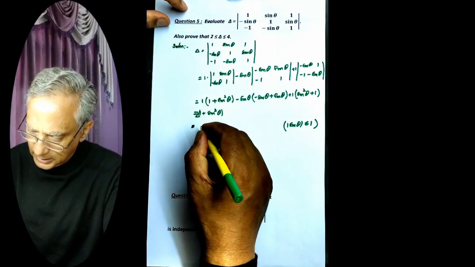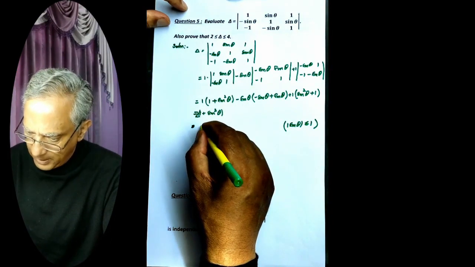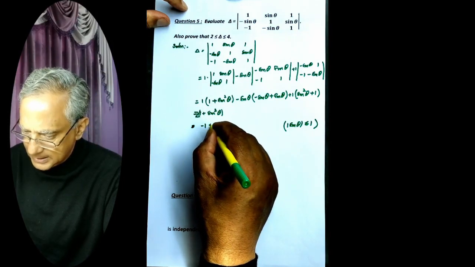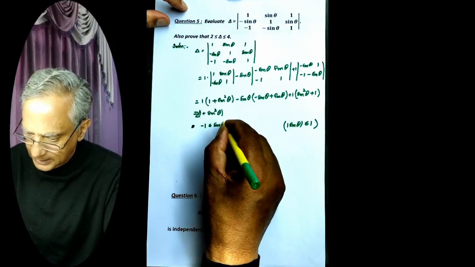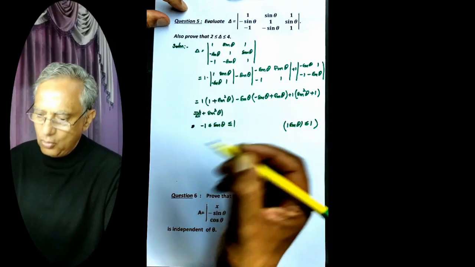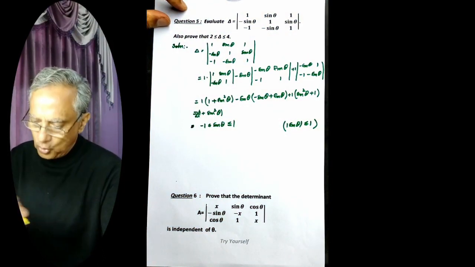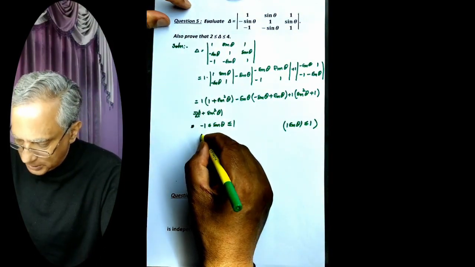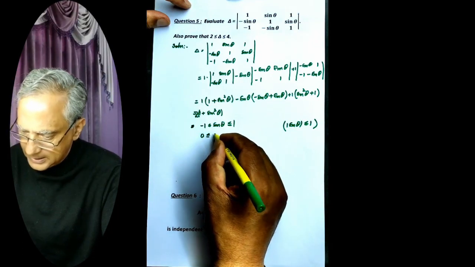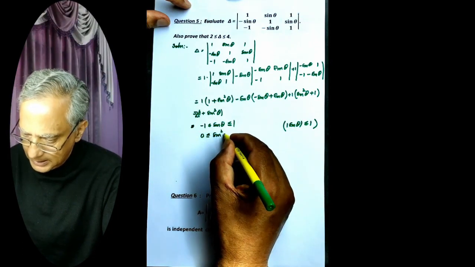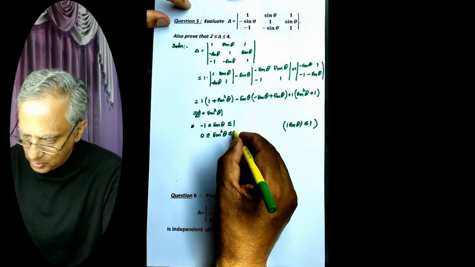Now we know minus 1 is less than equal to sine theta is less than equal to 1. So sine square theta will be 0 less than equal to sine square theta less than equal to 1.